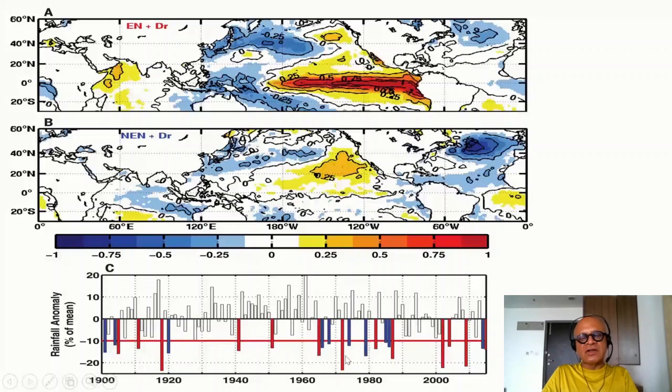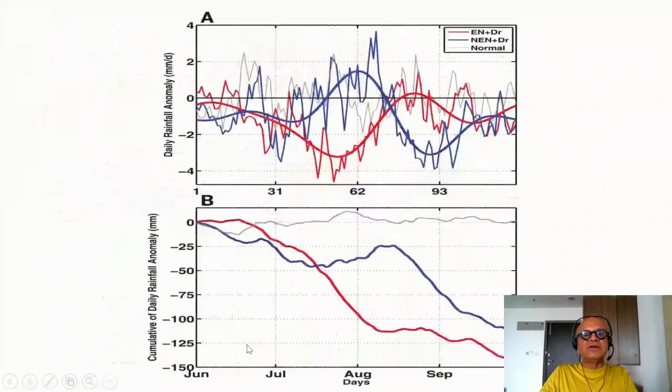And you can see that overall the El Nino droughts are stronger, or they have a larger deficit in rainfall. These are rainfall anomalies for the season around the long-term mean, and we are looking at more than a standard deviation here.